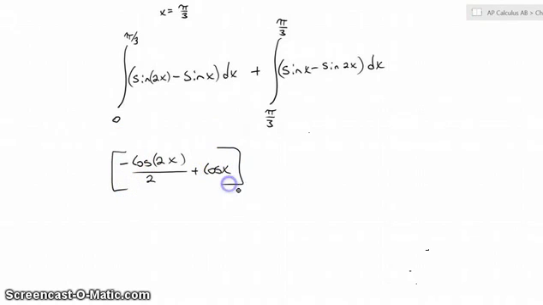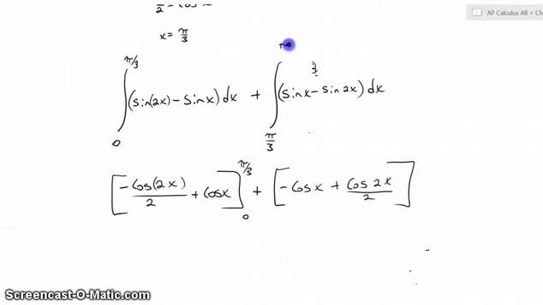This is going to be evaluated from 0 to pi over 3, plus, and here we're going to have negative cosine x plus cosine 2x over 2, and that's evaluated from, this should say pi over 2, pi over 3 to pi over 2.